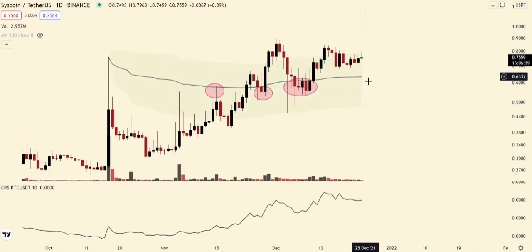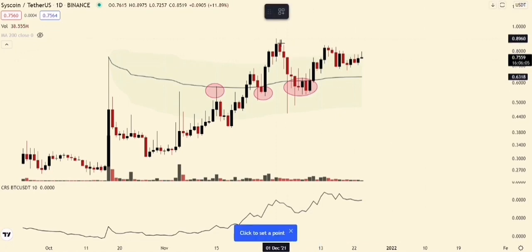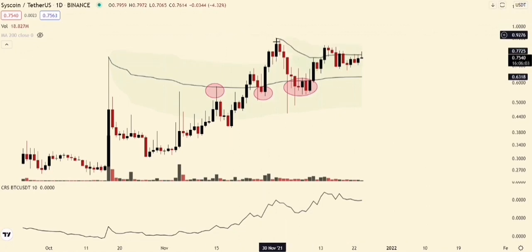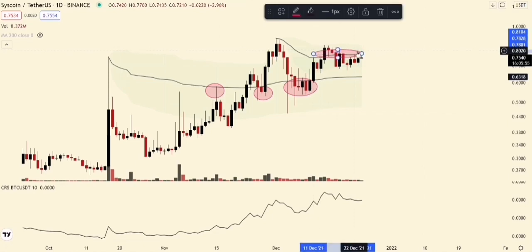And also if you want to have a worst case stop level, if you want to give it more flexibility, you can have it below this anchor VWAP. So that's roughly at around 0.63. So that's one more thing that you want to keep in mind. And this anchor VWAP from the all-time highs is also acting as a bit of resistance. You can see prices are having trouble trying to break through that level.